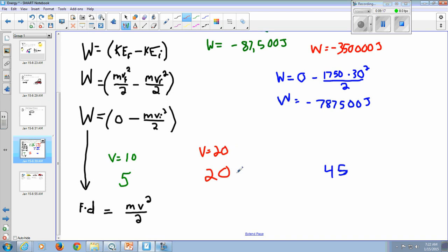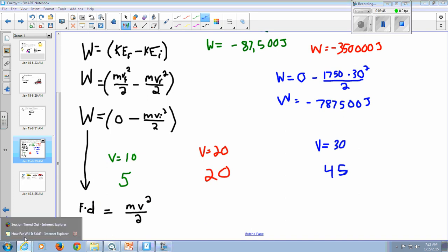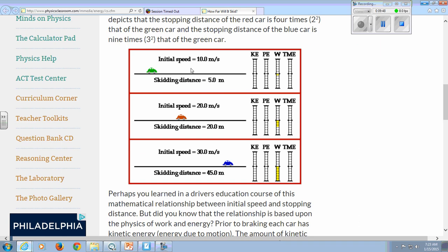So it should go up by 4. We have 30, so the velocity is going to go up by a factor of 3 for the blue car. 10 times 3 is 30. So the stopping distance should go up by a factor of 9, and it does. That's the relationship between velocity and the stopping distance, and that's what this simulation is showing you here.